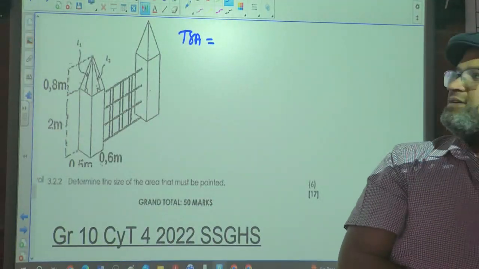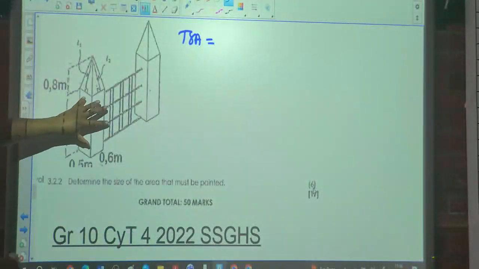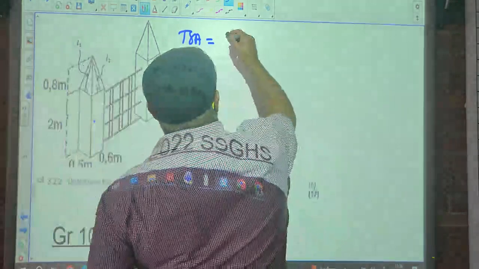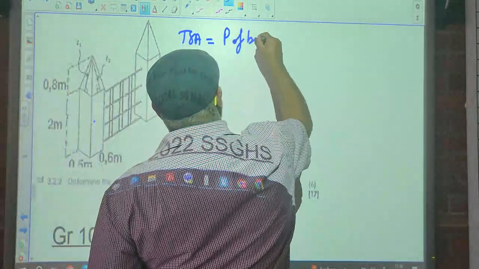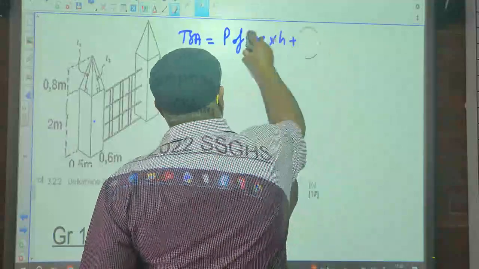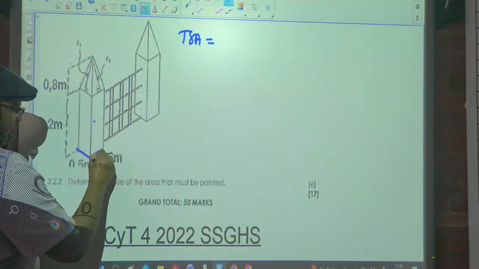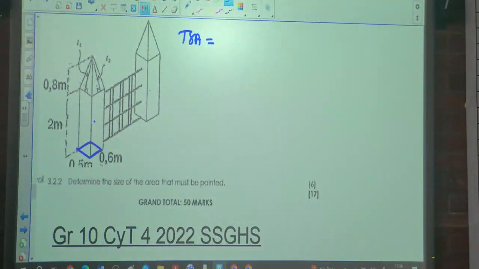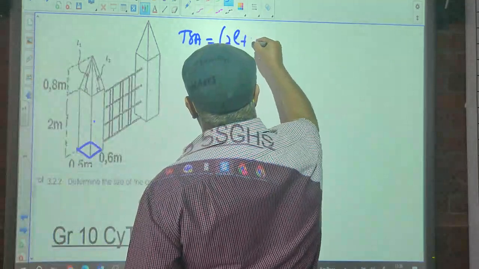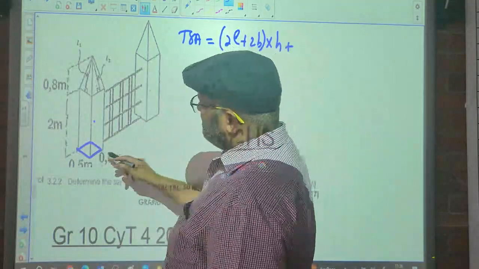Is that okay? So if we're going to look at the total surface area of, let's start with this shape here. How do you calculate the total surface area? Perimeter of base times height plus twice area of base, not so? So how do you calculate the perimeter of the shape? It's going to be 2 length plus 2 breadth, times height of this object, plus twice area of base.